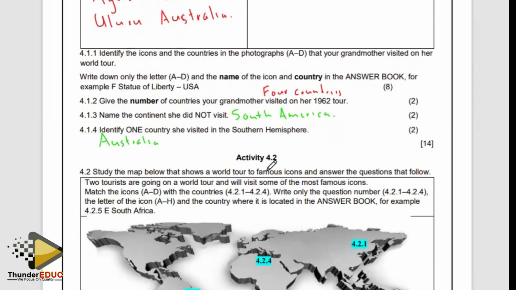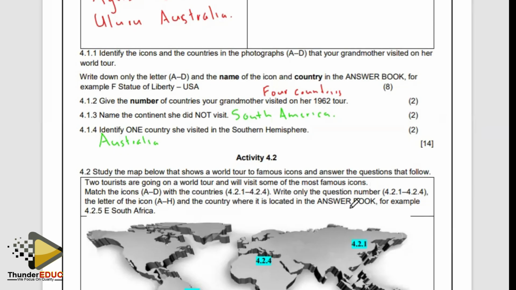Activity 4.2. Study the map below that shows a world tour to famous icons and answer the questions that follow. Two tourists are going on a world tour and will visit some of the most famous world icons. Match the icons A to D with the countries, 4.2.1 up to 4.2.4.